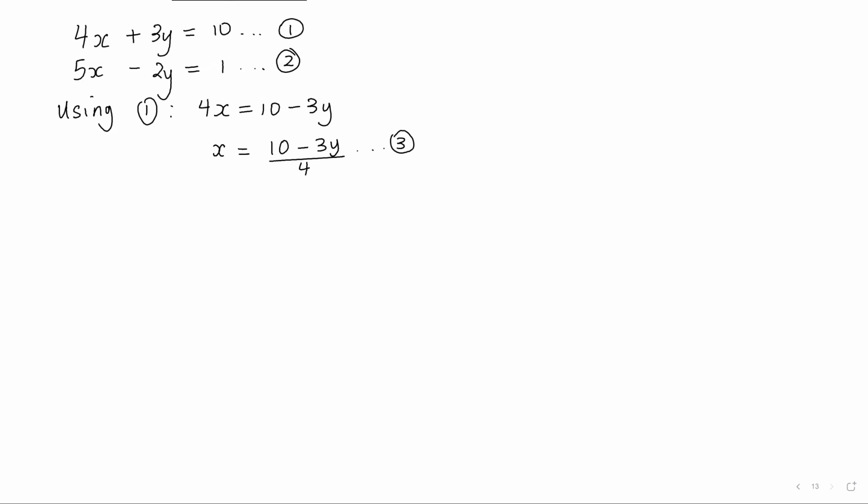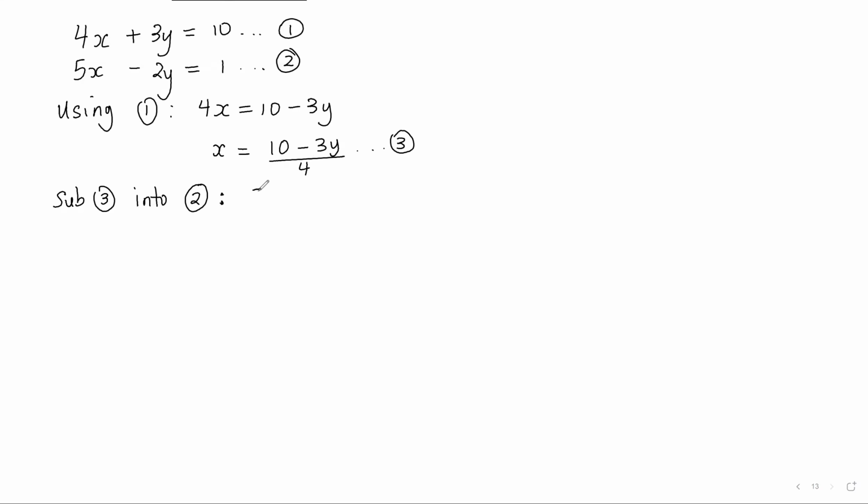Once you get what that substitution is, just like before, you're going to substitute that into the other equation. So substituting 3 into equation 2. Don't know if you all did fractional algebra yet, but I'm still going to show you all this one. We'll do some fractional algebra, actually. We'll get around to doing that. Okay, so substituting equation 3 into equation 2, wherever I have x, I'm replacing it with 10 minus 3y over 4.